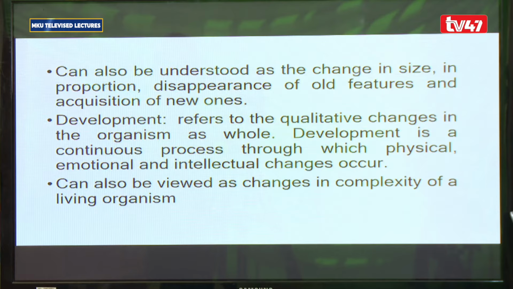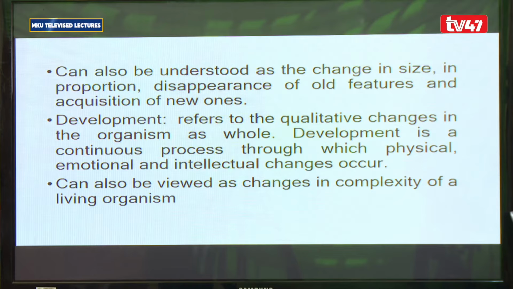it refers to the qualitative changes in an organism as a whole. In growth, it was quantitative. That means you can put a number to it. But in development, we want to be able to say the quality. And we can say it can also be contextualized as the changes in complexity of a living organism.